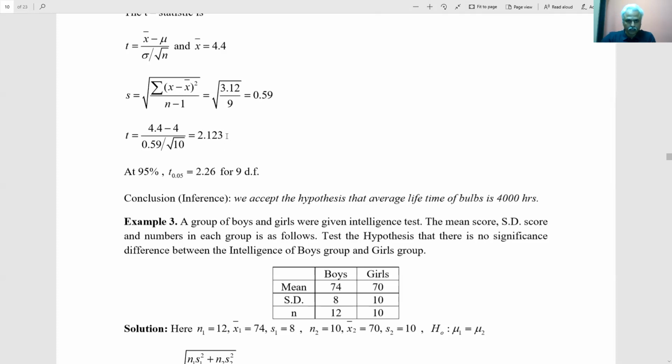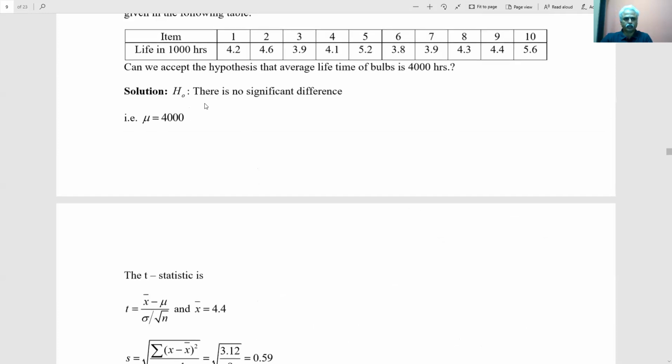Now the calculated t is less than the t table value. That's why we conclude that our hypothesis is accepted. Conclusion: we accept the hypothesis that the average lifetime of the bulbs of this company is 4,000 hours. What we had assumed is that there is no significant difference between the sample and the population; instead, you can say that the average life is 4,000 hours.